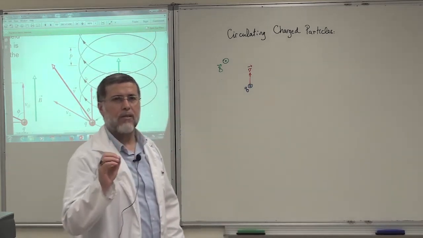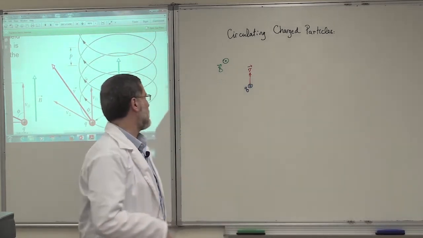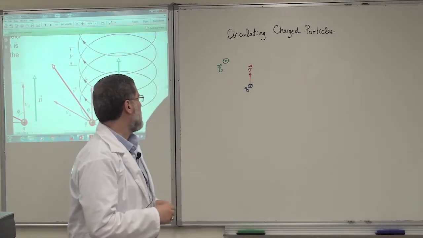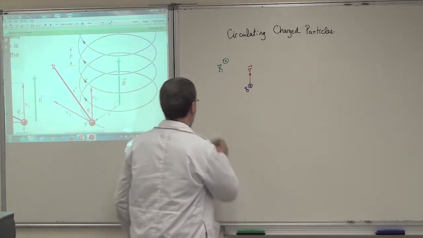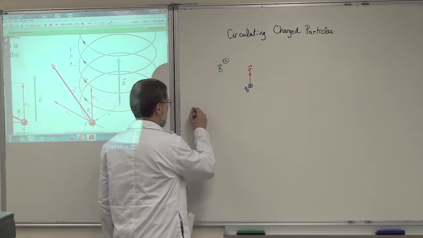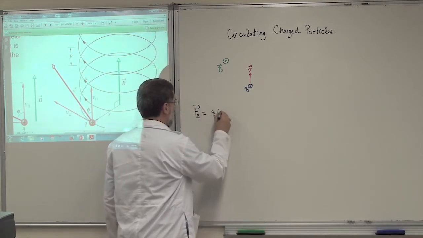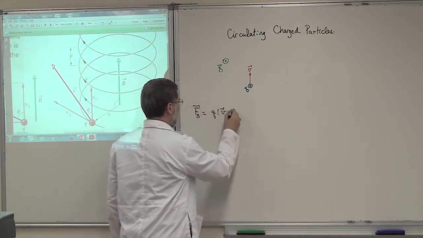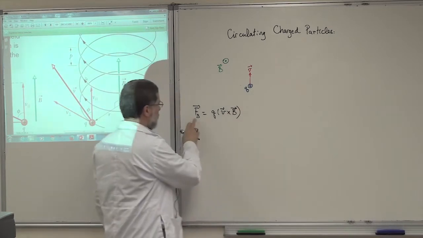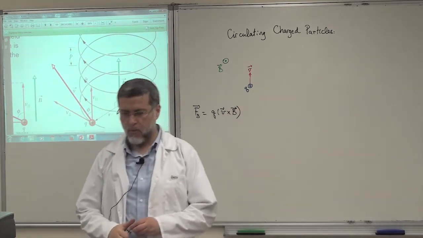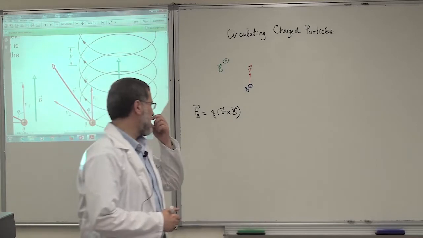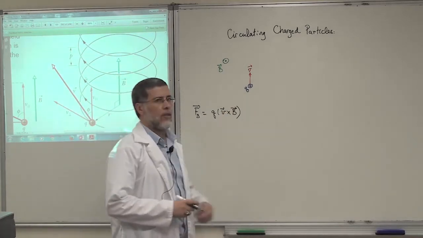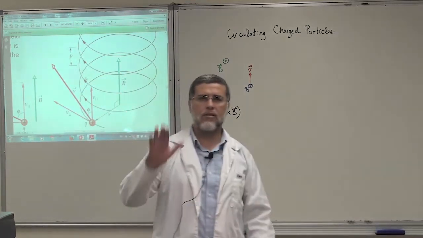I give you 30 seconds to think about it. What is the direction of the magnetic force, FB, which is QV cross B? We call this the Lorentz force. Lorentz is the name of a physicist. So what is the direction of this force here?